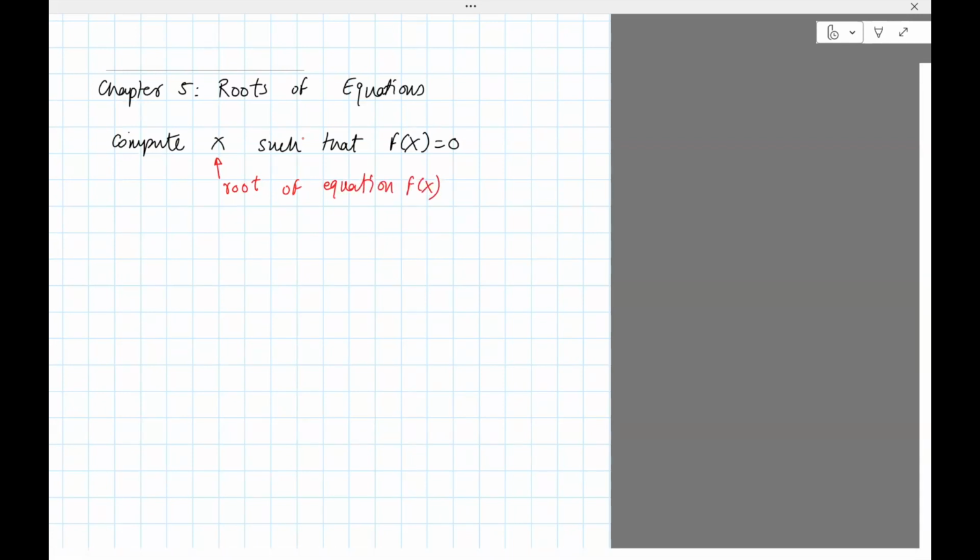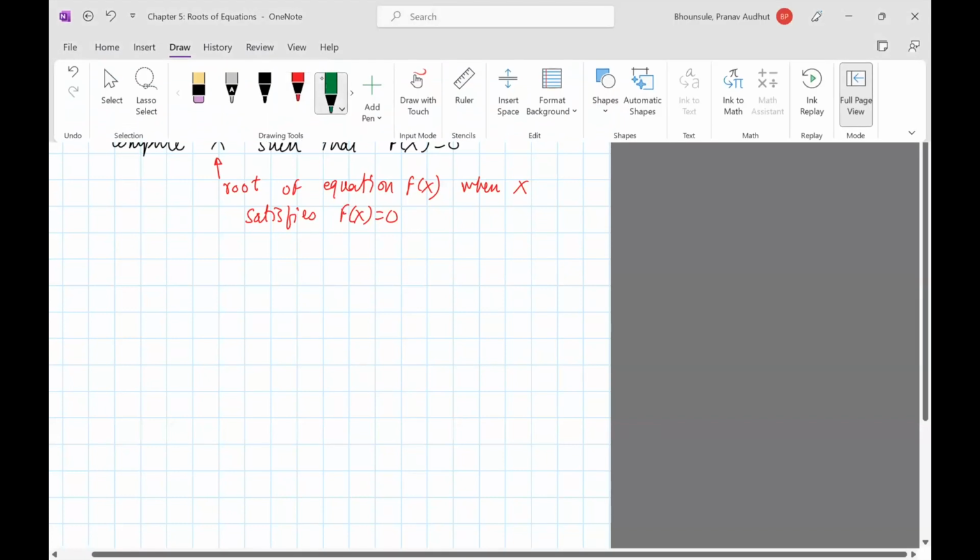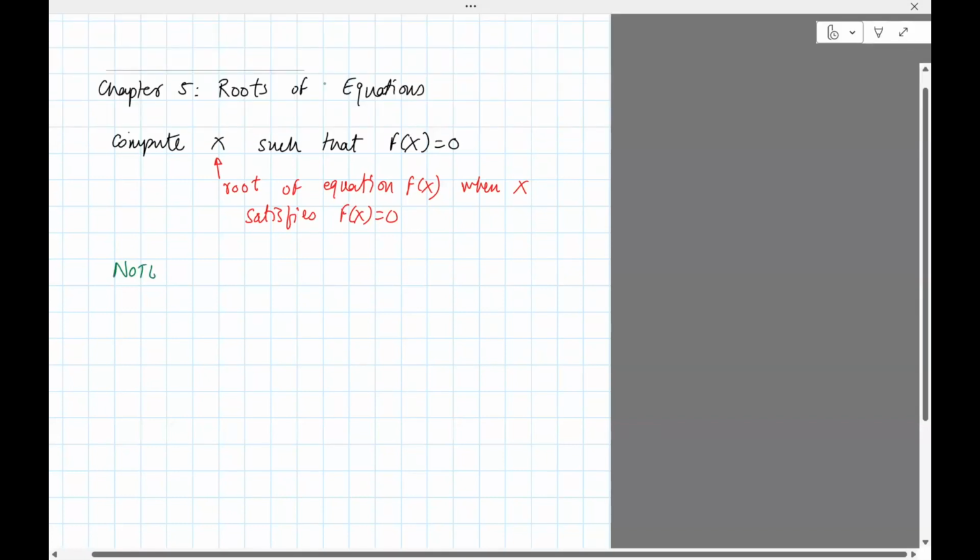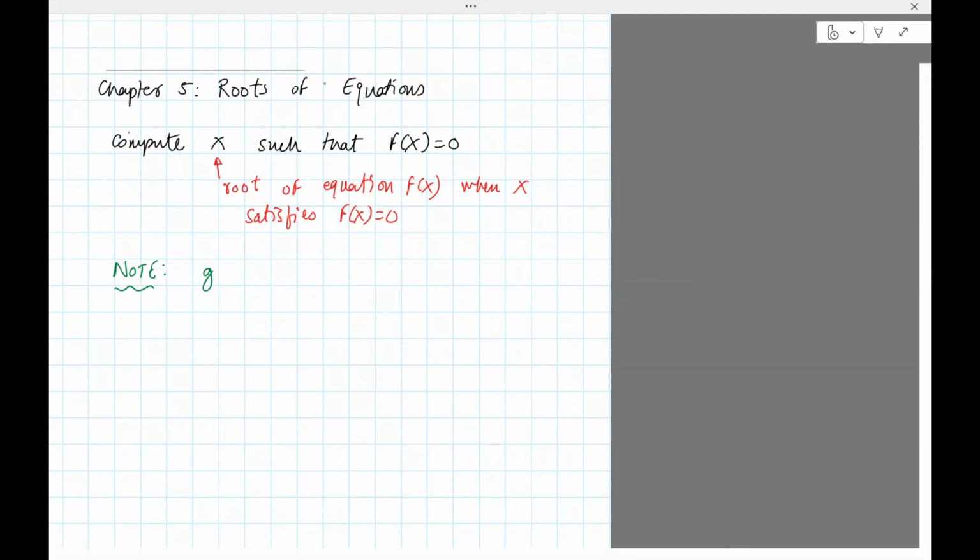f of x, when x satisfies f of x equals 0. Okay, note now, if I give you something like g of x equals 20, that is also considered a root finding problem.